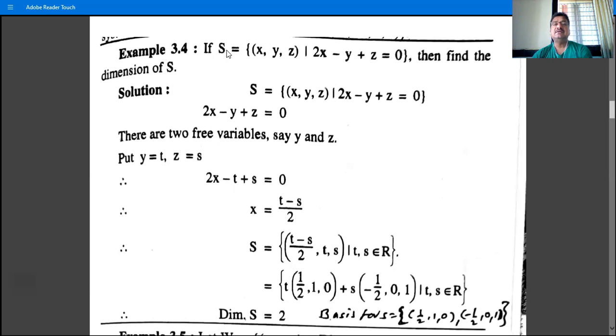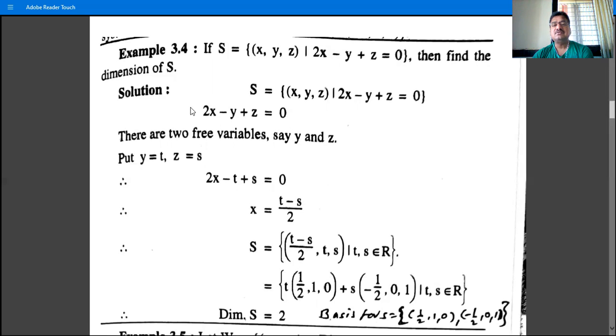So the next example: S is equal to the set of (x, y, z) such that 2x minus y plus z is equal to 0. Then find the dimension of S. So S is actually the set on which this is the condition, a subset of R3. So we consider this equation 2x minus y plus z is equal to 0.